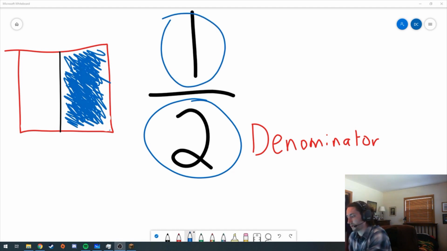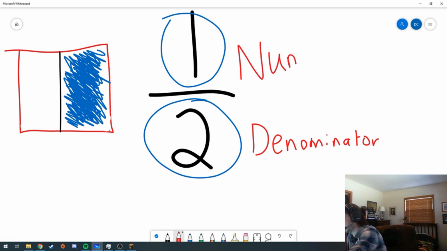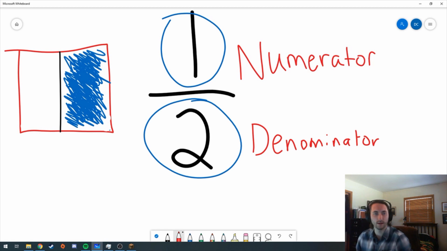Now the number on top. That number is called the numerator. And the numerator is the number of parts that we are counting or that we're dealing with.